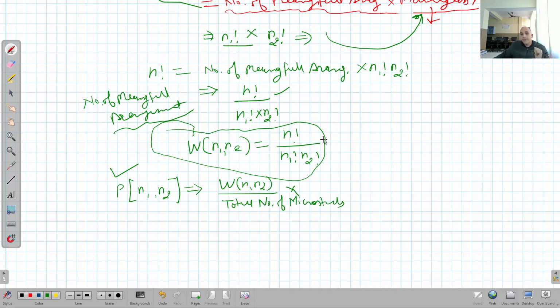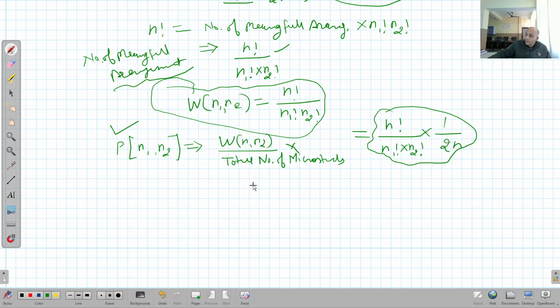So it gives me n factorial upon n1 factorial into n2 factorial multiplied by 1 upon total number of microstates, 2 raised to power n, right? So this is the expression for the probability of this macro state. Clear?